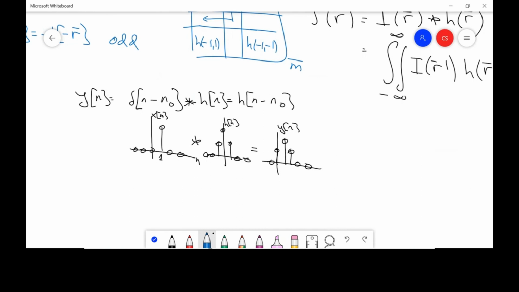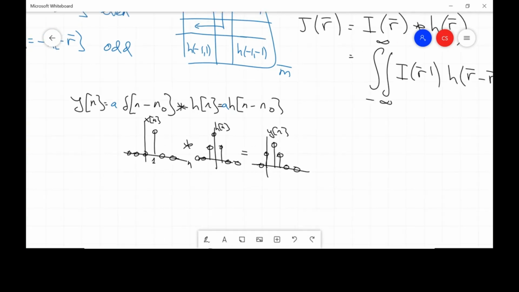If you have a coefficient in front, A, then if you have A delta convolved with something, what you will have at the end will be this something multiplied by A and shifted to the location of the delta.